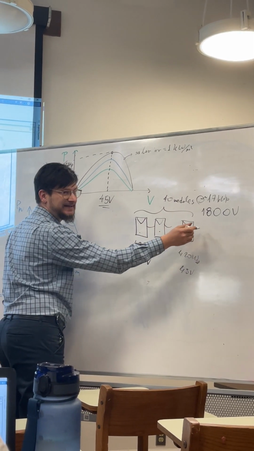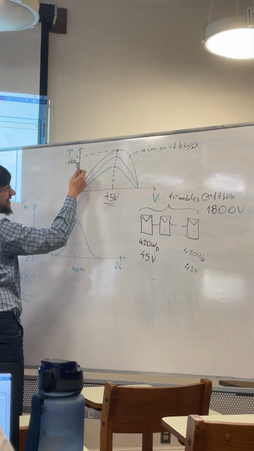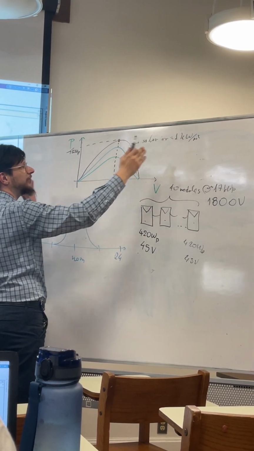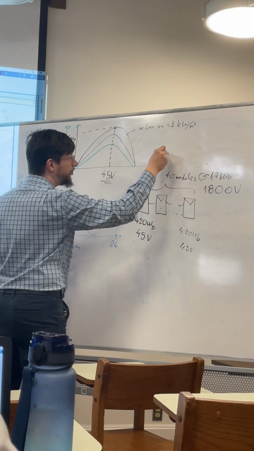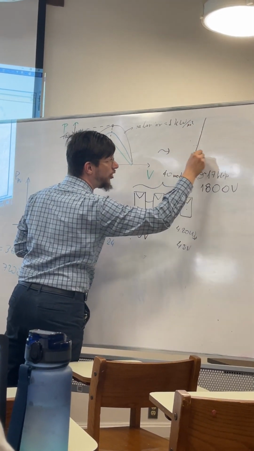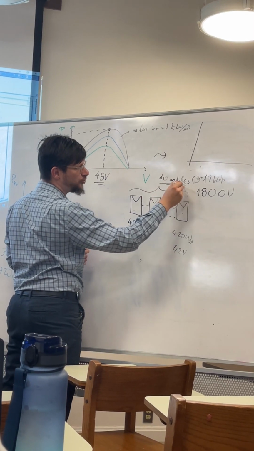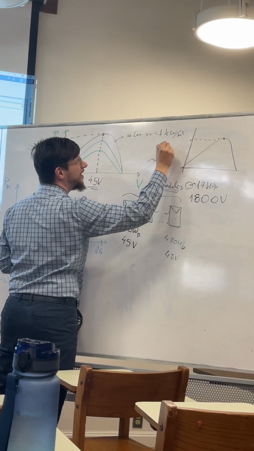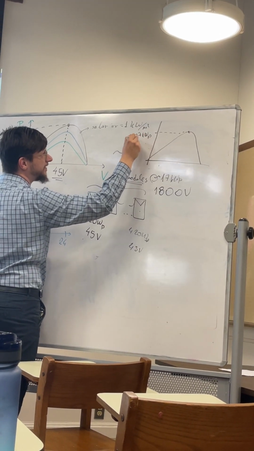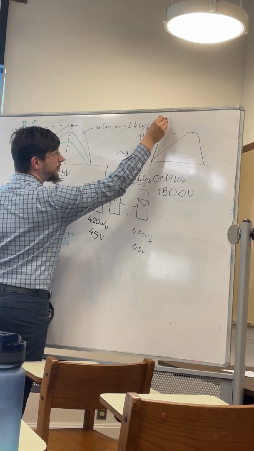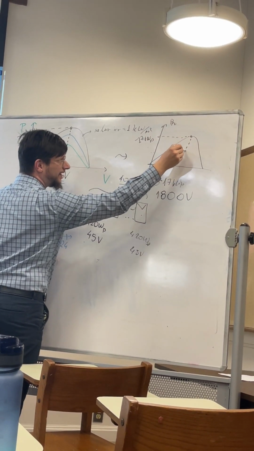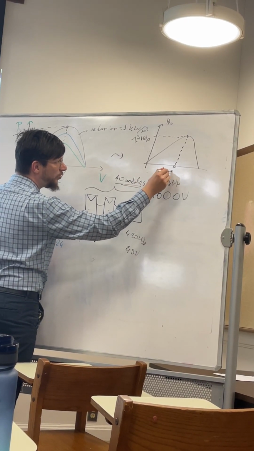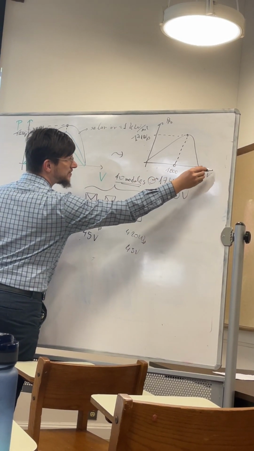When I'm connecting them in series, I'm essentially compiling these curves and multiplying them. So for the whole string of 40 modules, I'm going to have 17 kilowatt peak power, PPV, at an operating voltage of 40 times 45, about 1800 volts.